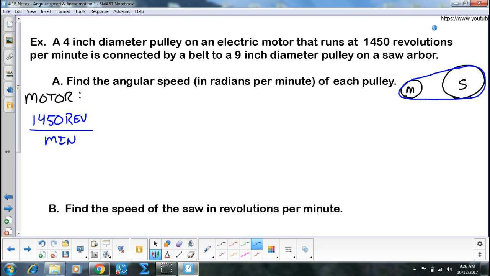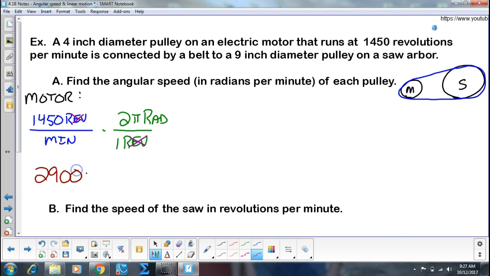And I need to get that into radians per minute. So that means that 1 revolution is 2 pi radians. So that tells me that that motor is spinning at 2,900 pi radians per minute. Agree with that?